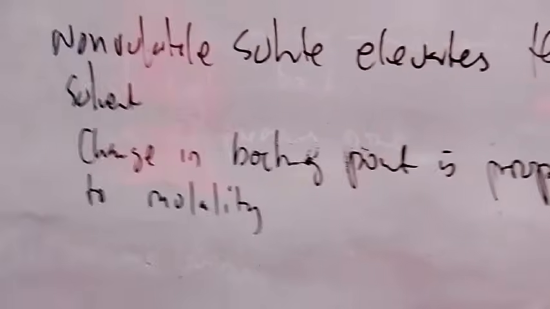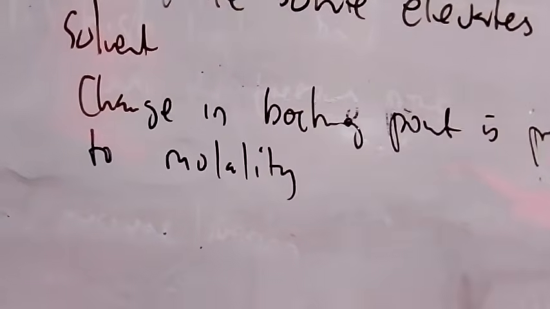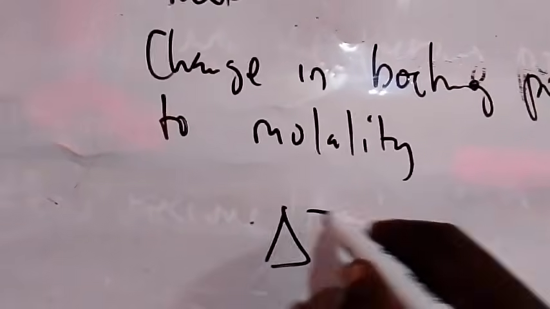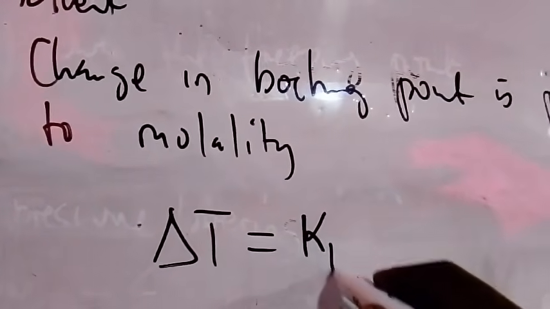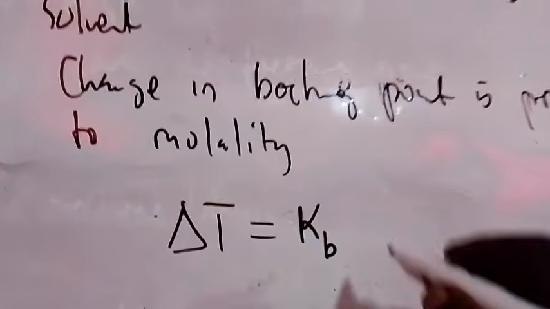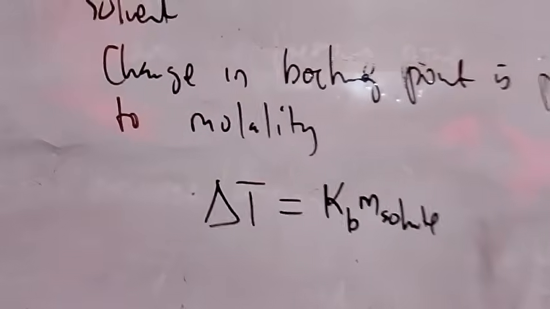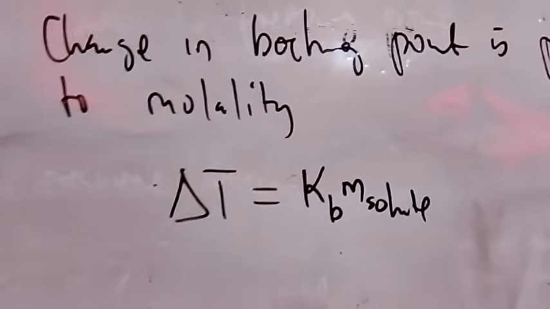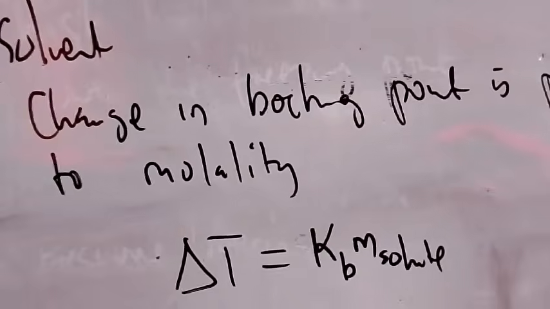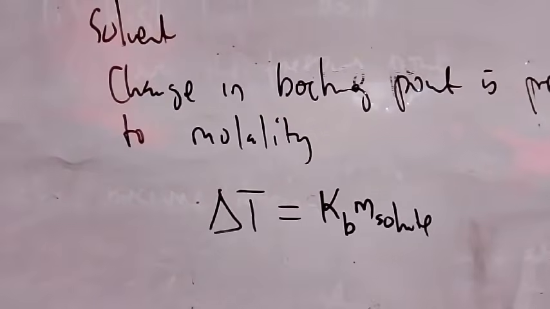So delta T is equal to Kb times molality of solute. This is the equation we can use to calculate the boiling point elevation.